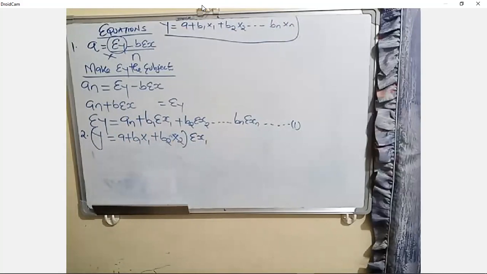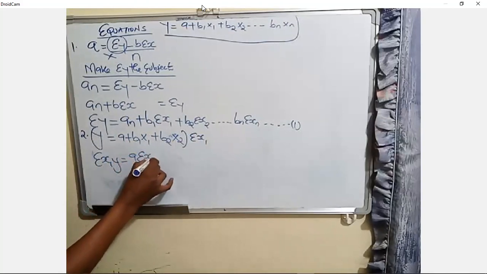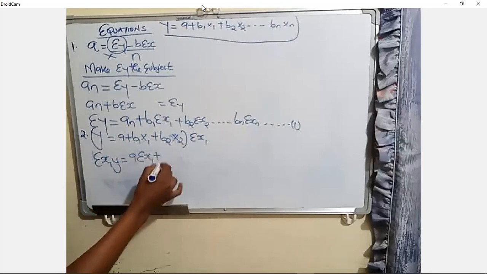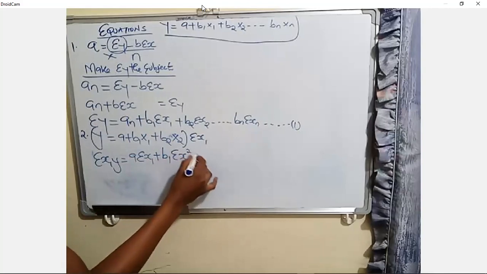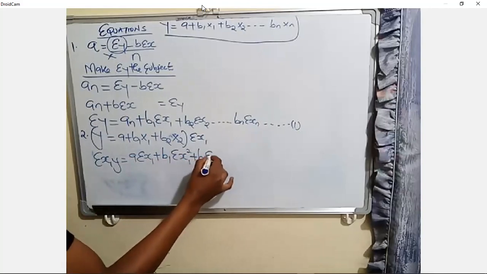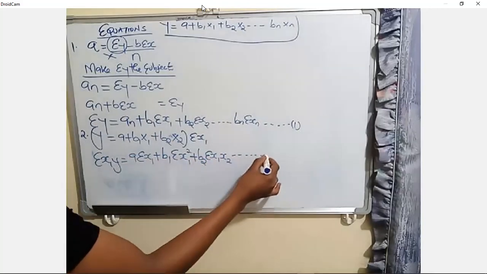So if you open your brackets, we are going to have summation of x1y, which is equal to A, the summation of x1 plus b1, the summation of x1 squared plus b2, the summation of x1 x2. And this becomes your second equation.